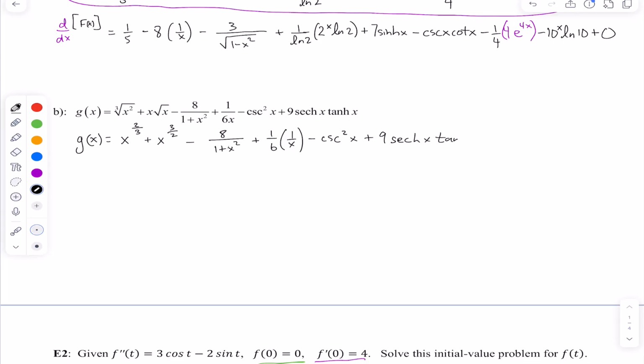And once again, we are just memorizing and putting our knowledge to basic differentiation rules.